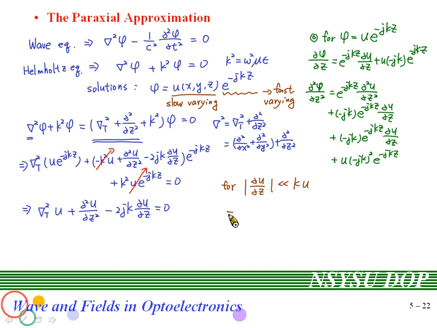Then you can also say that the absolute value of the partial square u over partial z square will also be much smaller than k times the absolute value of partial u over partial z. Okay? This result is obtained by performing partial over partial z of this equation.